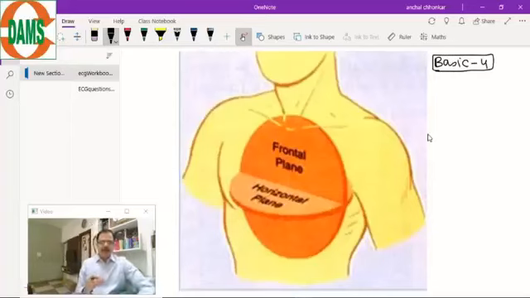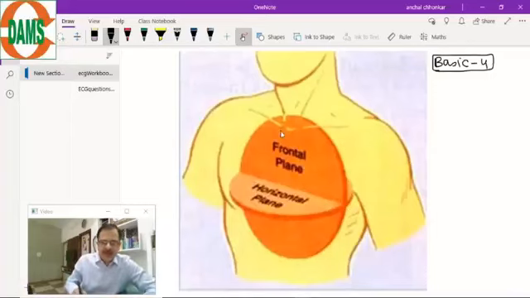Before writing it down, let's visualize the heart and the electrical activity of the heart. Our heart is a three-dimensional structure, so the current flows in various planes. You can just visualize this image.